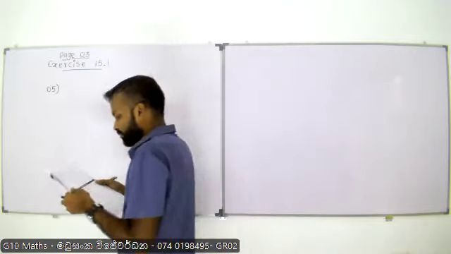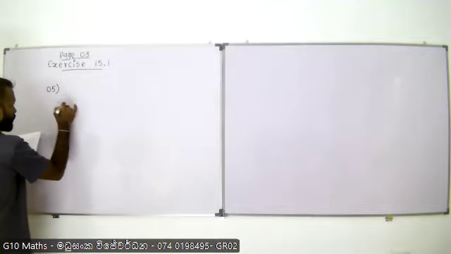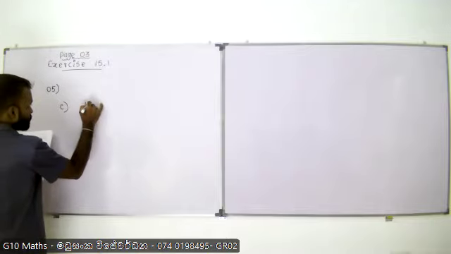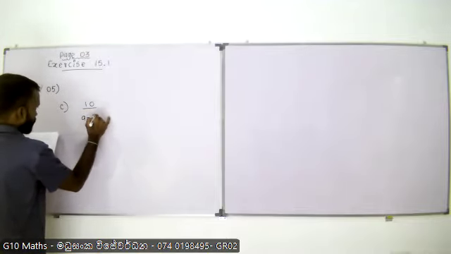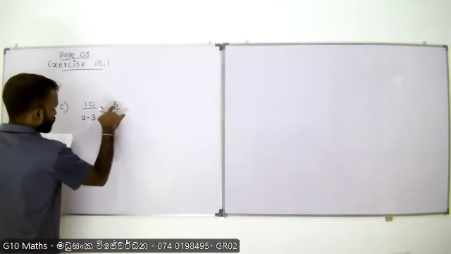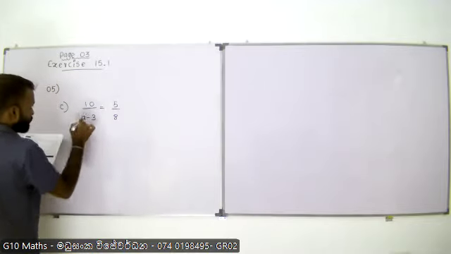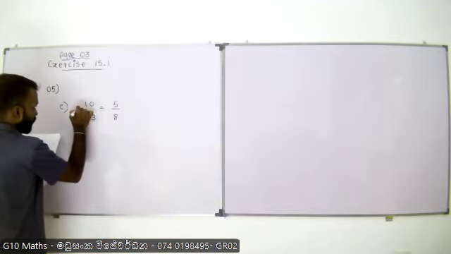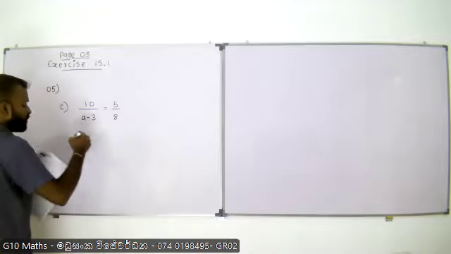Let's do it. First of all, I will do part C: 10 divided by a minus 3 is equal to 5 upon 8.